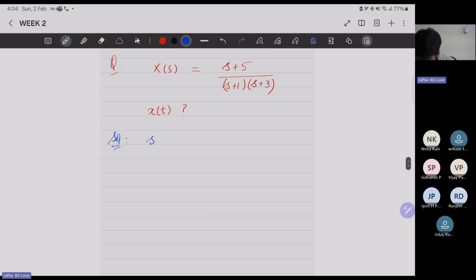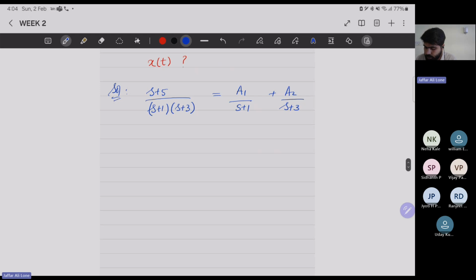So we have (s + 5) divided by (s + 1)(s + 3). We can write it as a1 over (s + 1) plus a2 over (s + 3). All of you must know the partial fractions method.